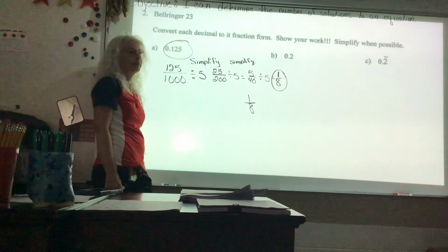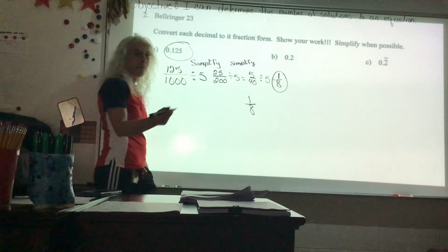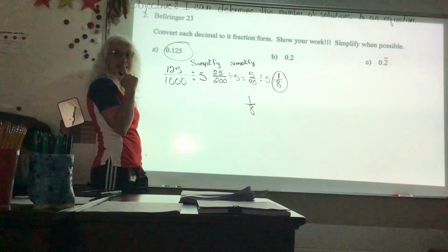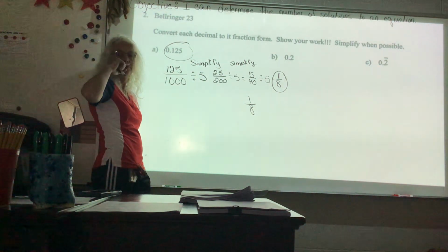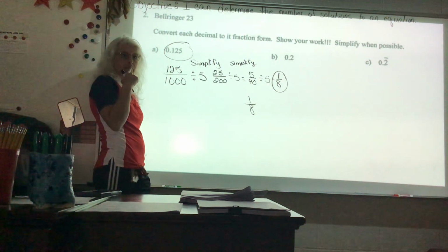Brayden? Turn the fraction into a decimal, and how do I do that? To change a fraction to a decimal? Do you think about changing a decimal to a percent? Emily? Divide the numerator by the denominator.